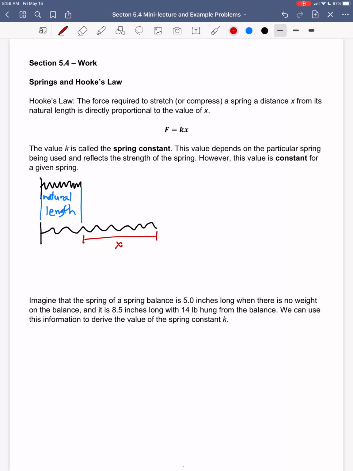So let's imagine that I've got a spring balance. It's weighing a weight, a force actually, and it's 5 inches long when there's no weight on the balance, and 8.5 inches long with 14 pounds hung from the balance. We can use this to calculate the spring constant k. So we've got a spring balance. That spring is here, and if I'm holding this 14 pounds, with that 14-pound weight on it, that gives it a length of 8.5 inches.